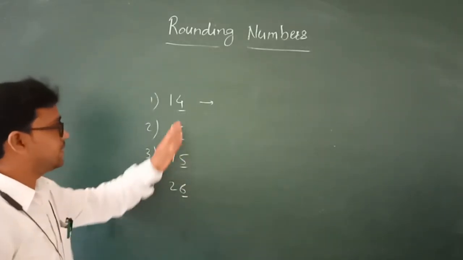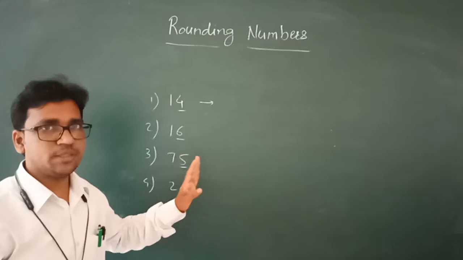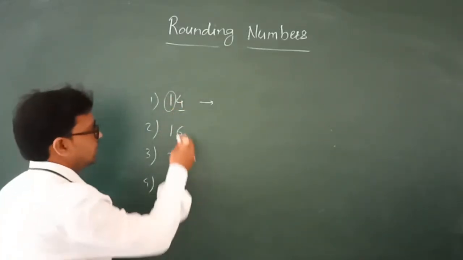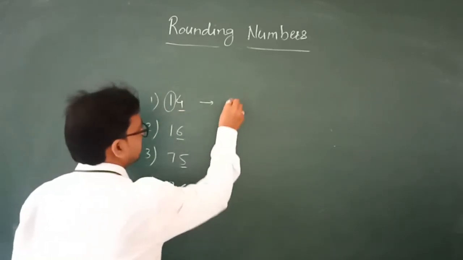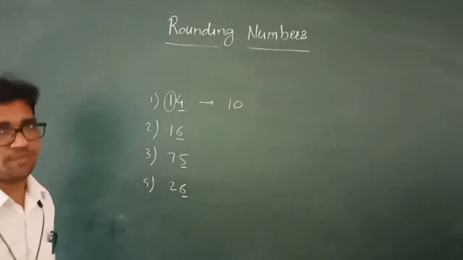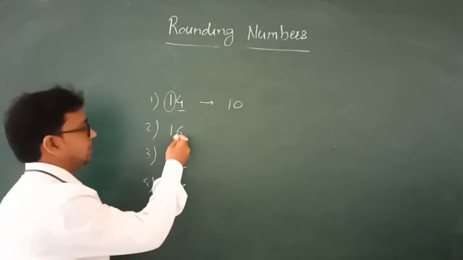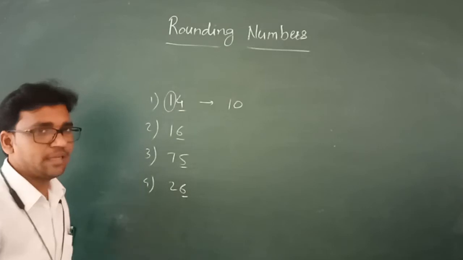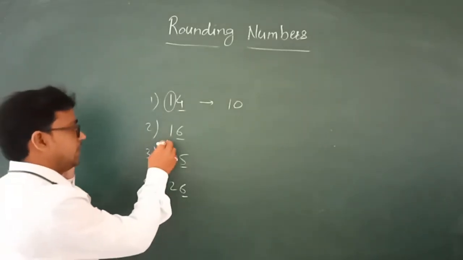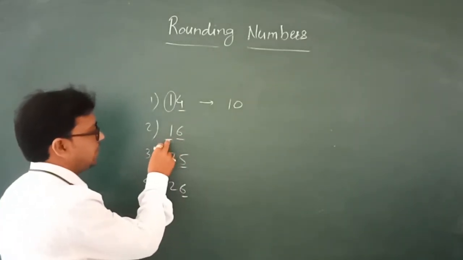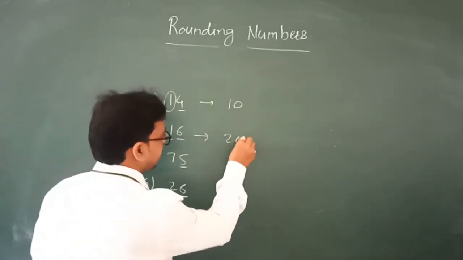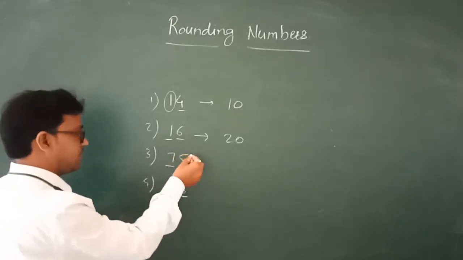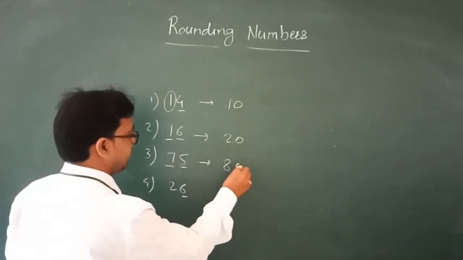If the ones place is less than 5, then the tens stays the same, so the nearest tens of 14 is 10. And if the ones place digit is greater than 5 or equal to 5, then the tens will be the next tens. Here it is 16, so it is 20. Here it is 75, so the next tens is 80.